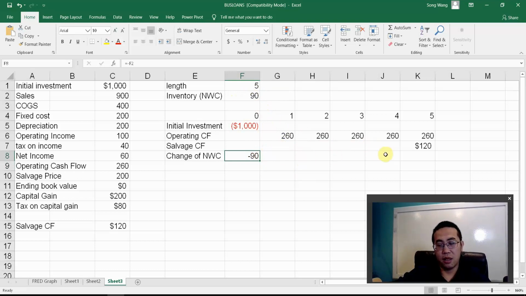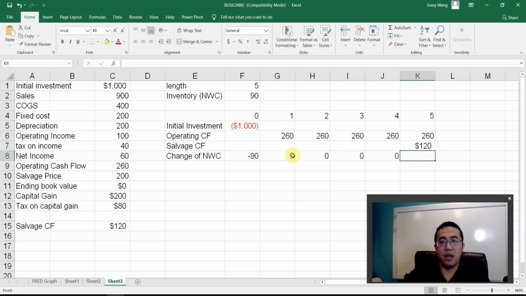That's on my assets, on my balance sheet. But does my inventory change from 90 to 90, then to 90, from year 1 all the way to year 5? It really doesn't. So the change of net working capital would be 0 all the way until year 5.